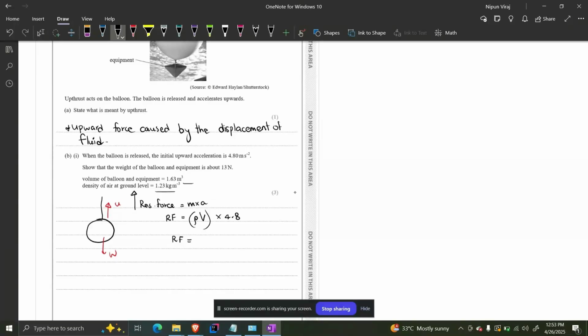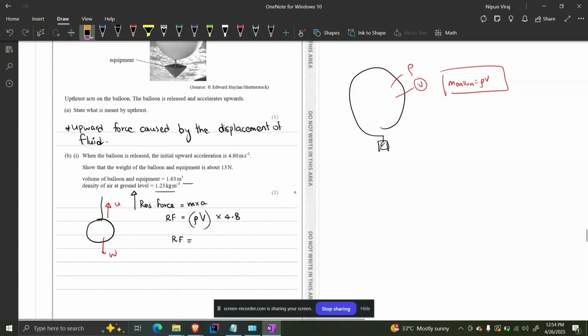With the volume of the balloon and equipment and the density of air, we can actually calculate the mass of air here. In the balloon, you are given the volume and the density of air, so the mass of air will be equal to rho v. There's no doubt in that. But rather than taking it like that, we can do something like this.